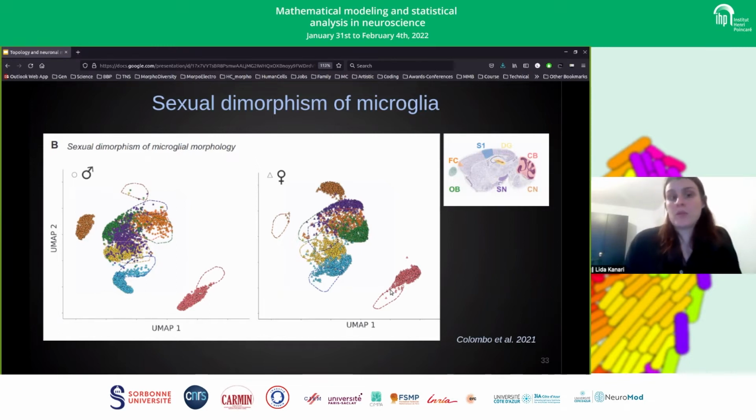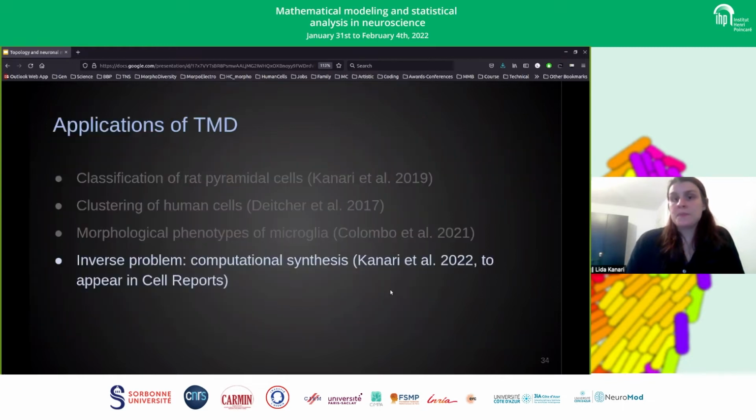So that could explain why some brain diseases are expressed differently in males and females that are related to the microglia shapes. And I think one of the main reasons to study microglia is because of Alzheimer's disease. They're highly related to Alzheimer's disease. So it would be very interesting to see what this connection would be with microglia shapes.